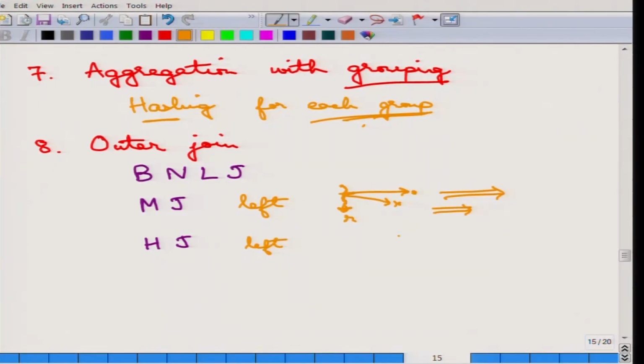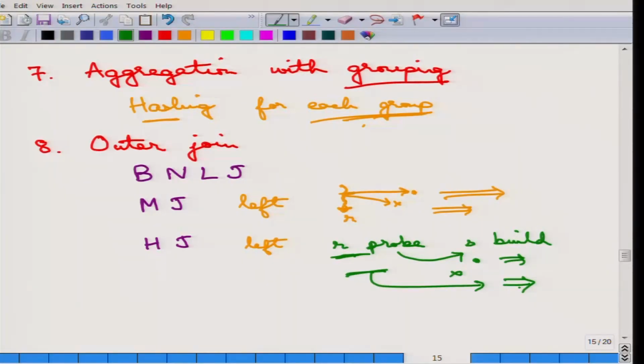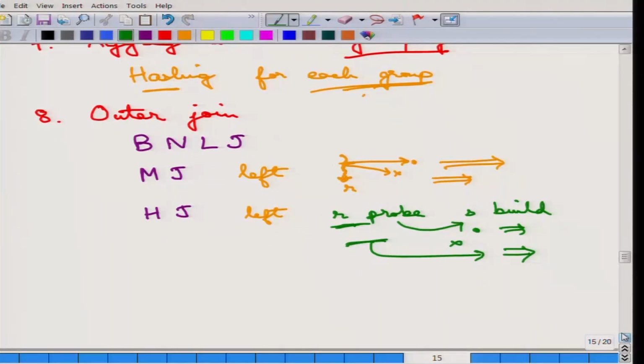If it is a left outer join, then R should be the probe relation. The reason is S can be used for build, and every tuple from R is probed. If it matches, then that is output. Even if it doesn't match, the R side is simply output. This is all fine for the left outer join, and similarly the strategy can be used for right outer join.